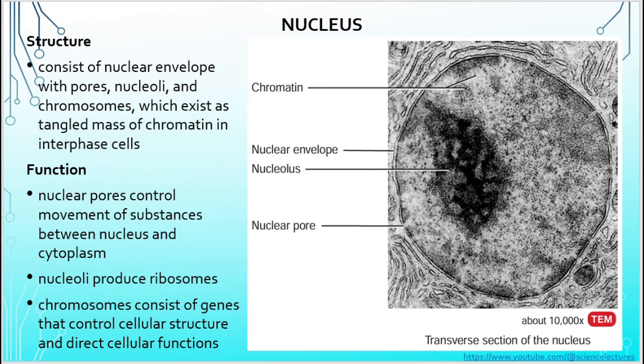Most cells have a single nucleus, although some, such as mature red cells, have none. However, some cells, such as skeletal muscle cells and a few other types of cells, can have multiple nuclei.